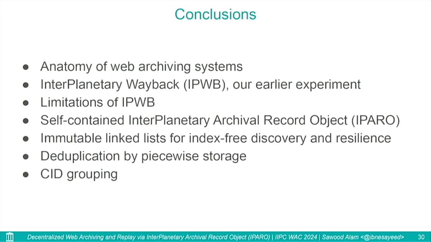So to wrap it up, we talked about the anatomy of web archiving systems, and then we described our earlier attempt of Interplanetary Wayback and what the limitations of that were. We also talked about this interplanetary archival record object that we introduced. It's a self-contained mechanism that you can store in IPFS.